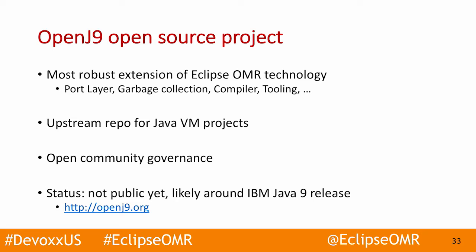The intention is to run it as an open community and encourage lots of contributions to that. It's not public yet, but the expectation is that this is going to be open around the IBM Java 9 release later on this year. There's a URL there that you can go to if you're interested in tracking the progress of that and getting information about this project as it comes along.